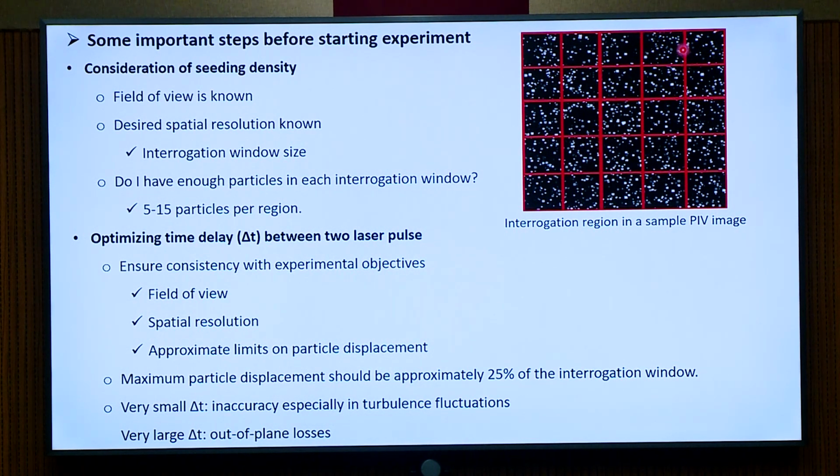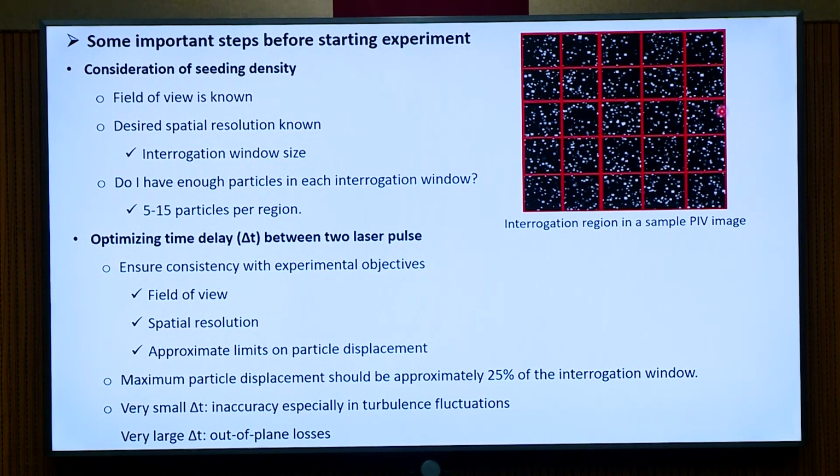As I said, here we track groups of particles. So the image is divided into a certain number of interrogation windows. Okay, this is the first image. Similarly, you have the second image, and we do cross correlation of the two windows, and that gives the particle velocity.